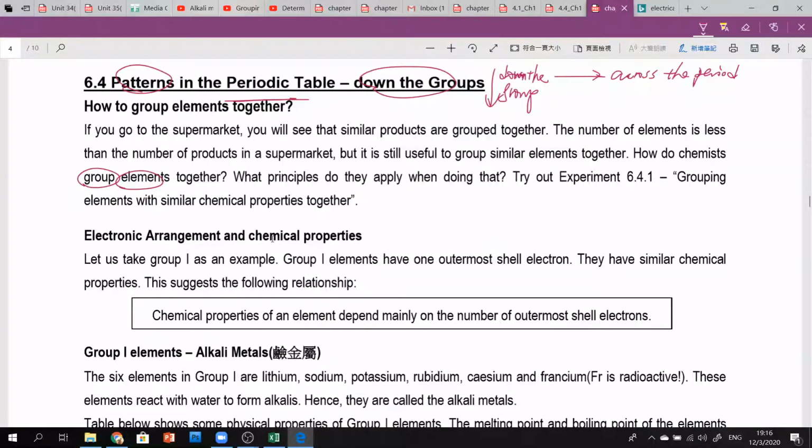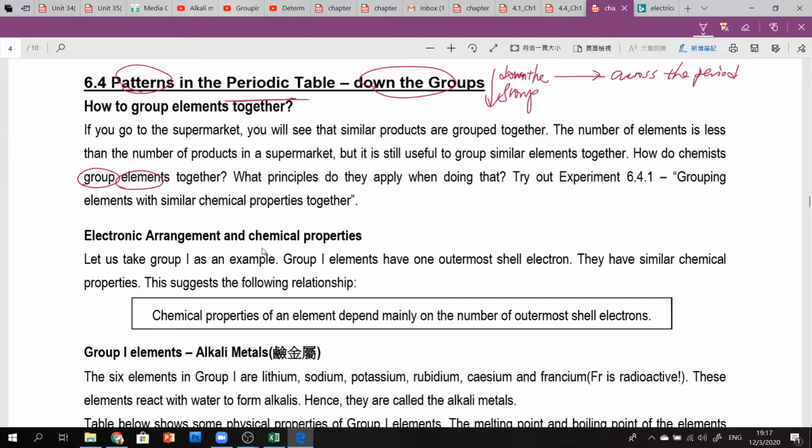But how would you understand it in terms of modern science? In the late 19th century to early 20th century, we got to know something more, like electrons.